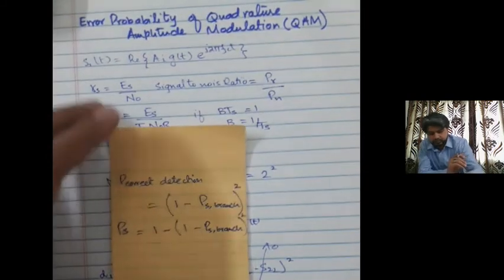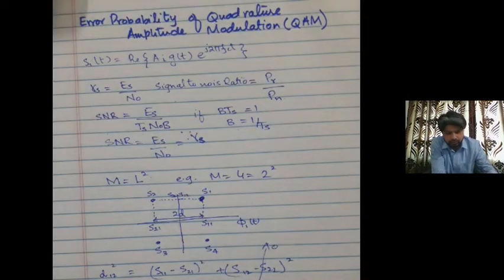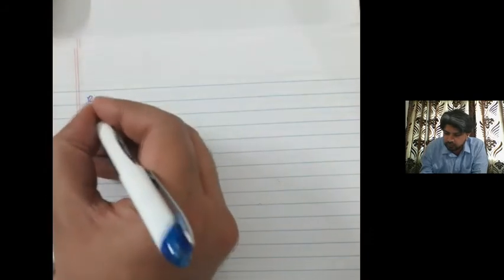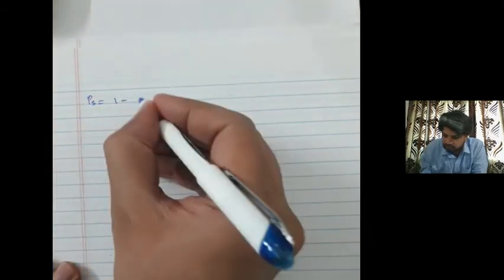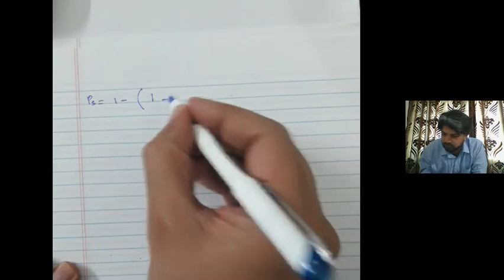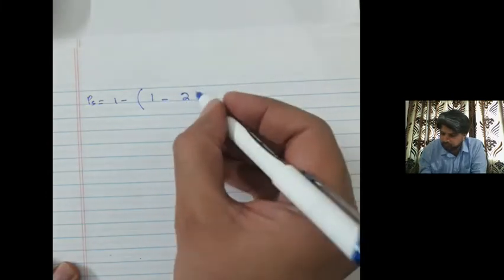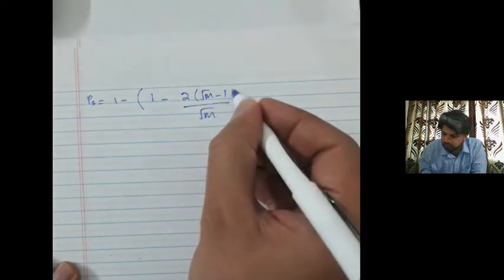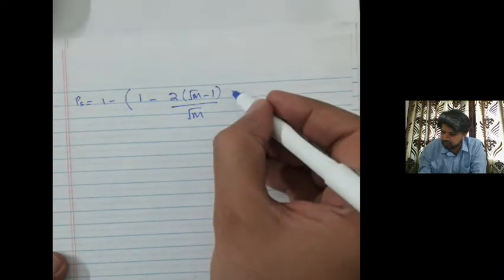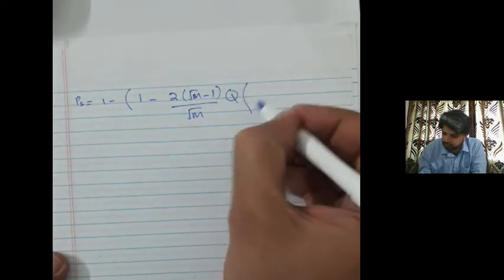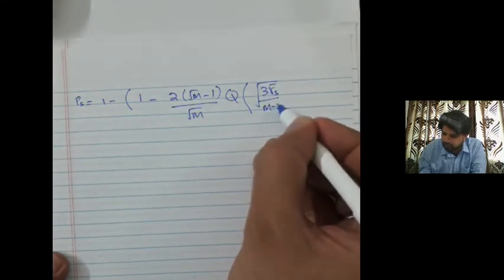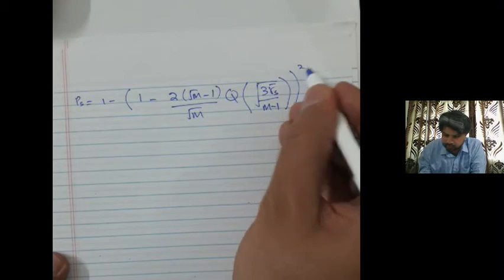In other words, your overall symbol error probability can be written as PS equals 1 minus (1 minus 2 times (root M minus 1) over root M times Q function of root of 3 gamma s bar over (M minus 1)) whole squared.